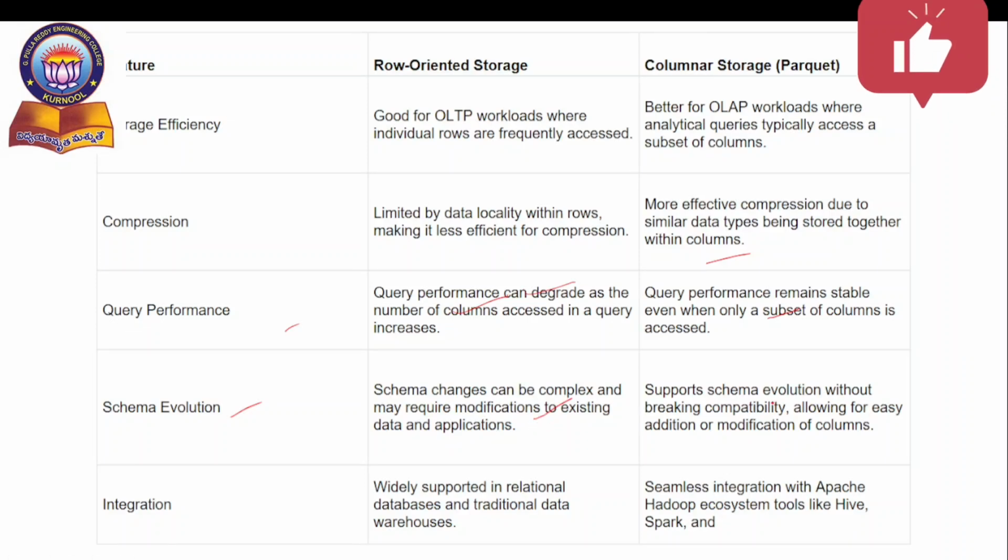But column storage supports schema evolution without breaking compatibility, allowing for easy addition or modification of columns. Integration. Row storage is widely supported in relational databases and traditional data warehouses. Column storage has seamless integration with Apache Hadoop ecosystem tools like Hive, Spark, and additional tools.